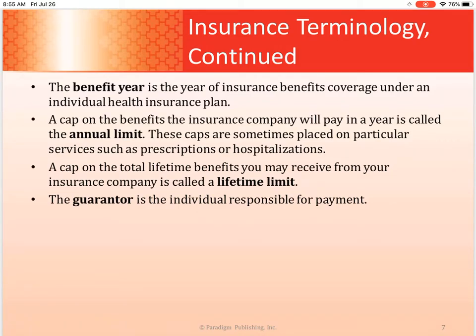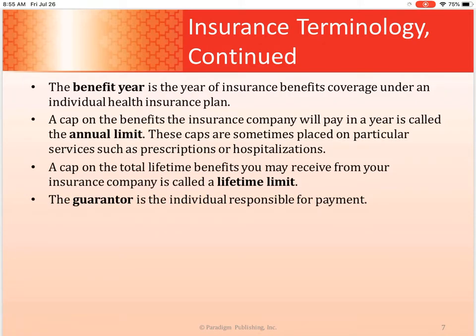He will be his own guarantor because he's going to be responsible for the payment of his health care. So if he goes to the doctor, his mom is not paying for that for him just because she's the subscriber to the insurance. Now, in this situation, because he's 25 years old and he's still on his mother's insurance, he is still a covered dependent, but he is his own guarantor.